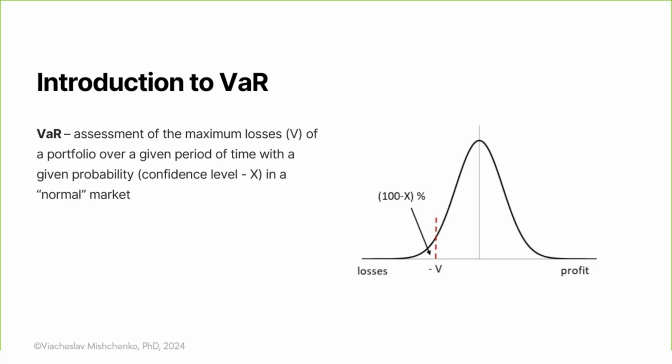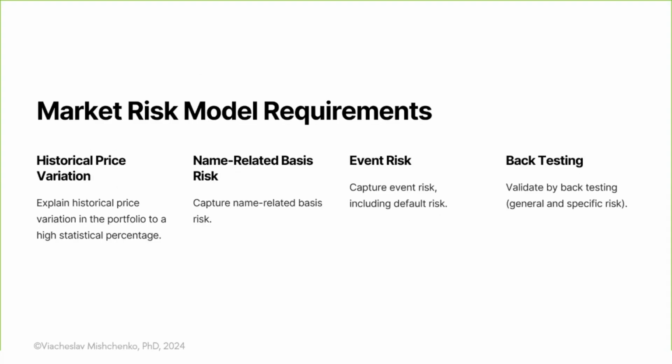For example, it is very useful for the trading desk in their day-by-day activities. If they know their one-day 95% value at risk, it helps them to set daily limits and make real-time decisions.